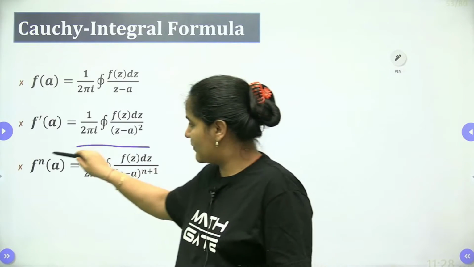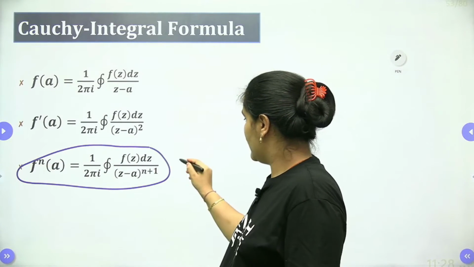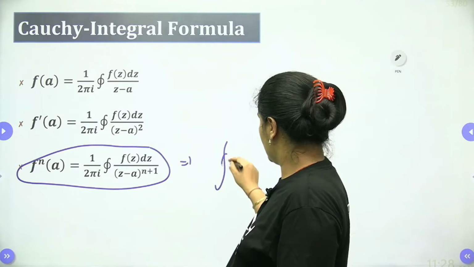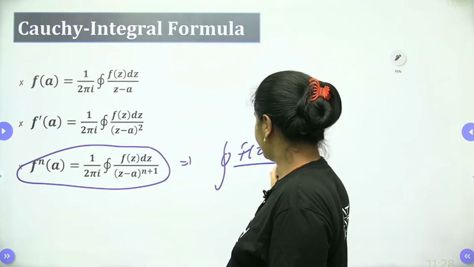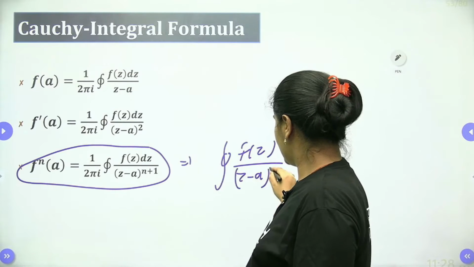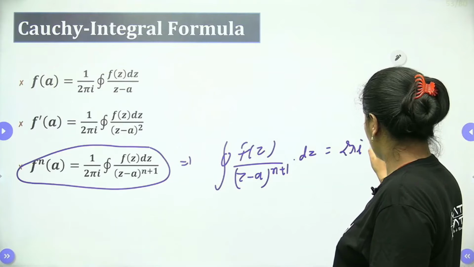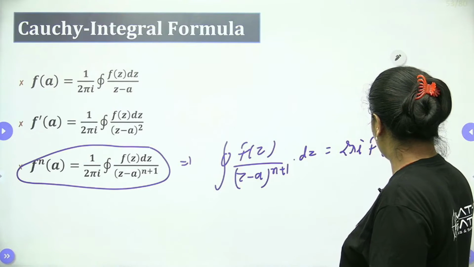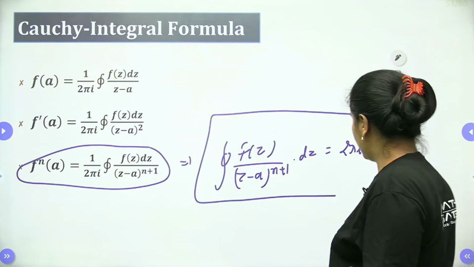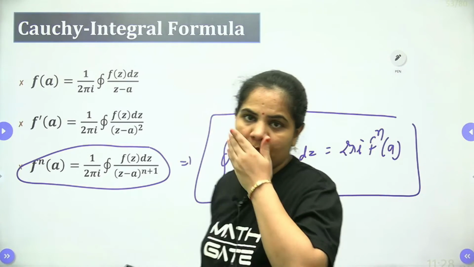Similarly, when we have an (n plus 1) order pole, the formula will be closed integration of f(z) by (z minus a) to the power (n plus 1) dz is equal to 2 pi iota by n factorial into the nth order derivative of f at a.